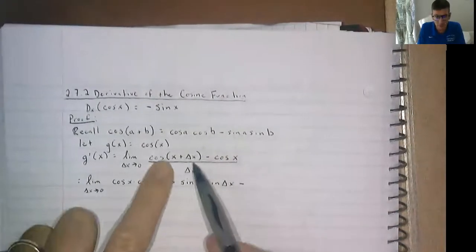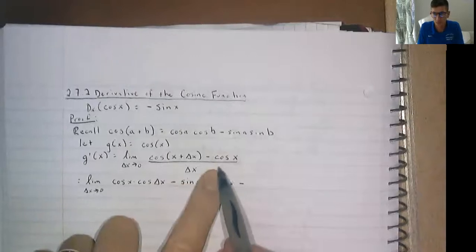So this part has become this part, and then we still are subtracting the cosine of x. And we are still dividing by delta x. Okay, so take a minute there, make sure we're all on board.